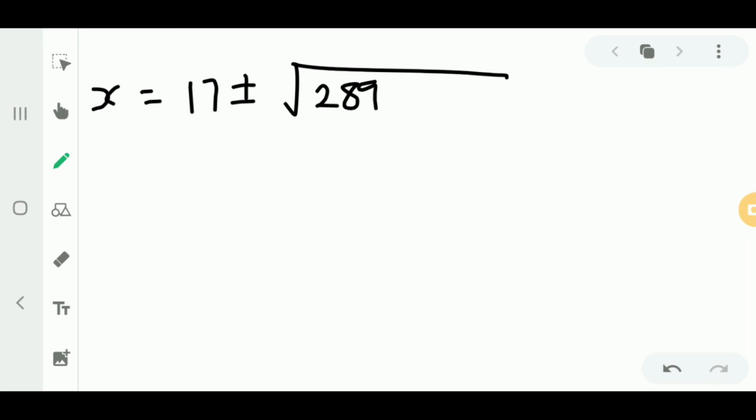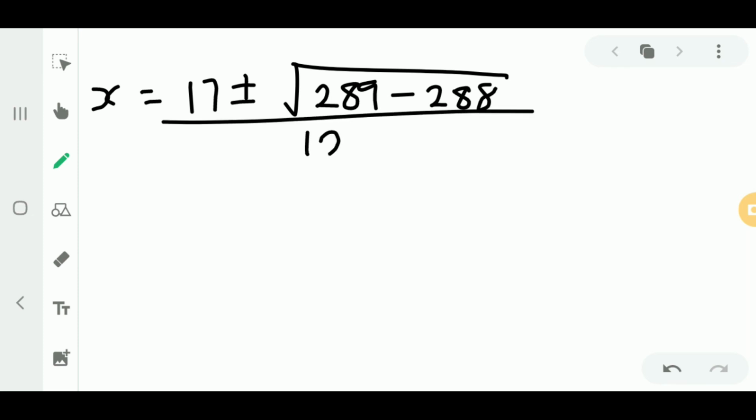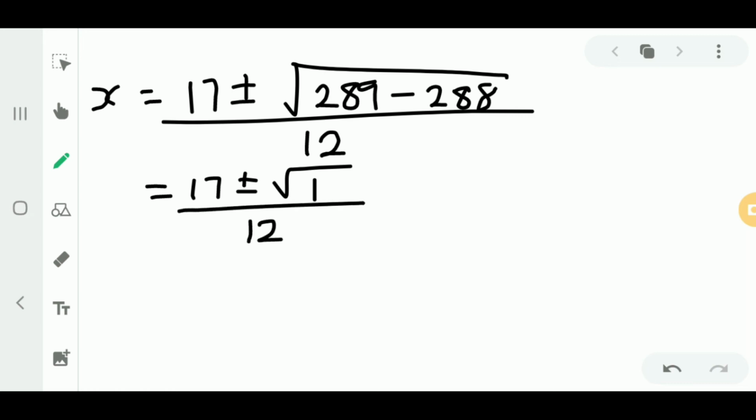Because whether you find the square of a positive or a negative number, it is always positive in the end. Minus 4 times 6 times 12, that gives you 288, over 2 times 6, which is 12. So then you have 17 plus or minus the square root of 289 minus 288, that gives you 1 over 12. And the square root of 1 is 1.